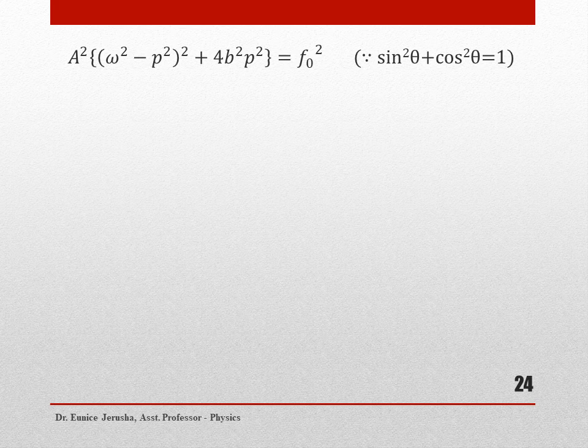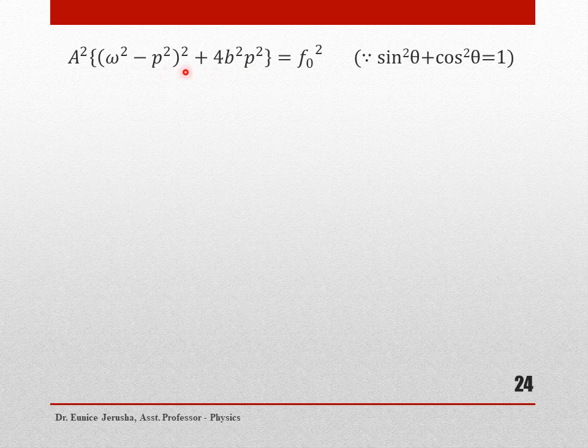Inside the brackets on the right hand side we have sin square theta plus cos square theta, which we all know is equal to 1. Therefore, on the RHS we only have f naught square, whereas on the LHS we have a square into (omega square minus p square) the whole square plus 4b square p square.